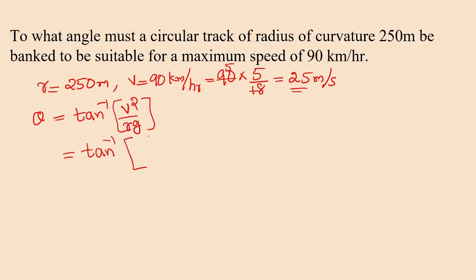Let us substitute all the values we have. V is equal to 25. So 25 square divided by R, that is 215, into G, that is 9.8. So you can substitute, then make the calculation using the calculator.